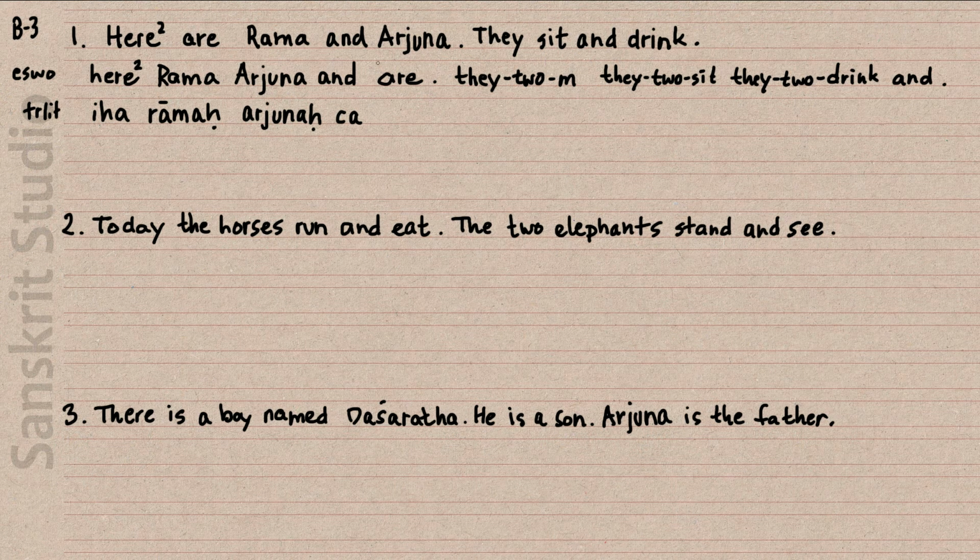specify that, and I should have done this up here on the eswo line. I forgot that. I'm sorry about that. I should have said they two are, because that's the verb. They two are.